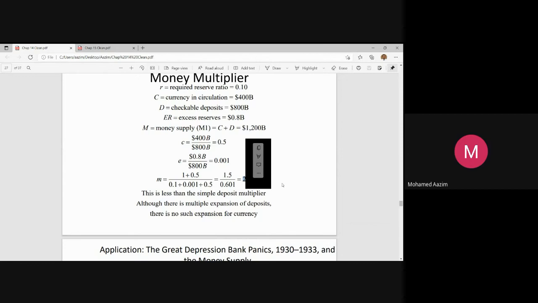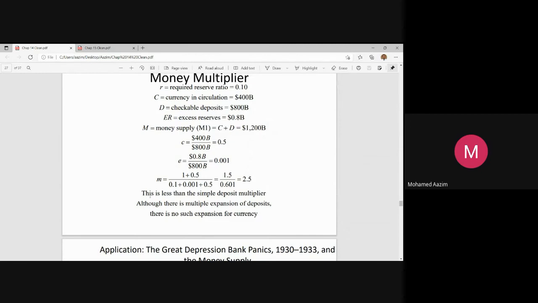So money supply is small m, the multiplier, times the monetary base. 1,000 is the monetary base, the multiplier is 2.5. So the money supply there is 2.5 trillion or 2,500 billion.